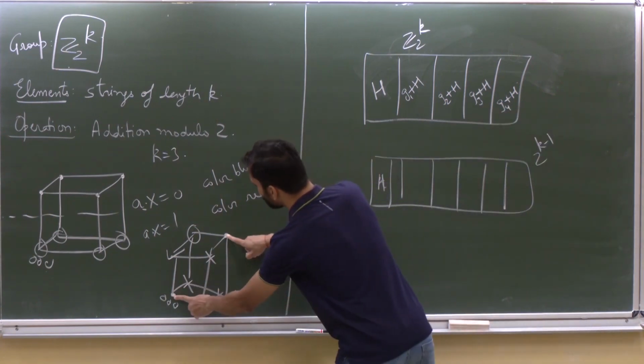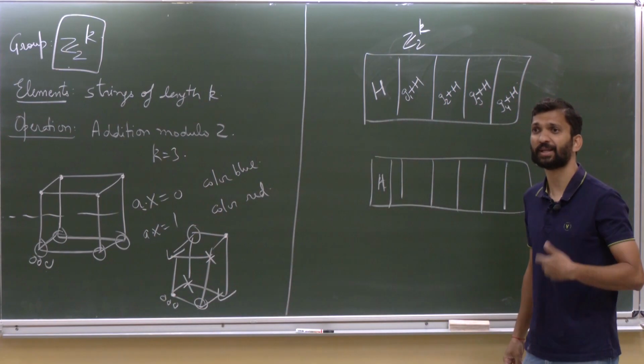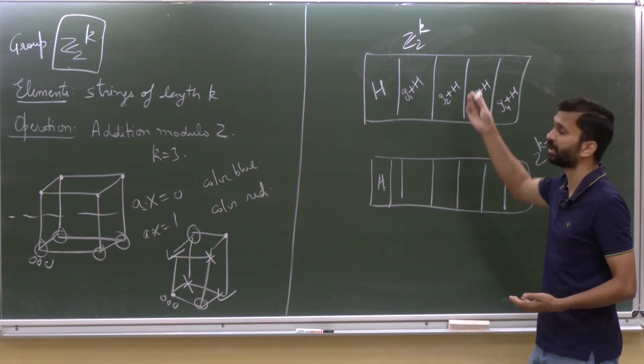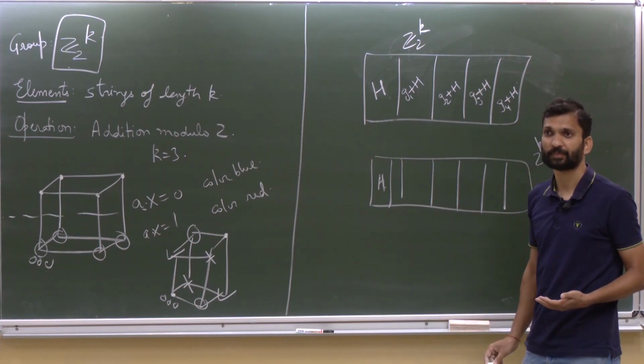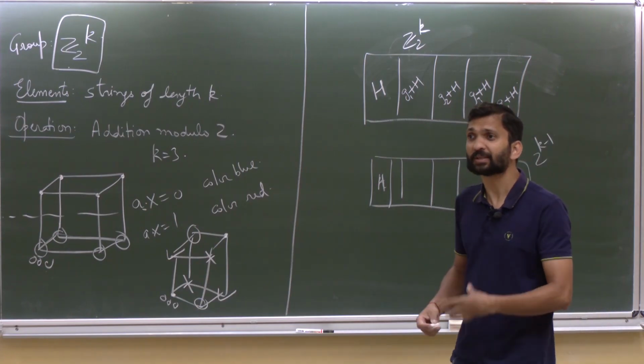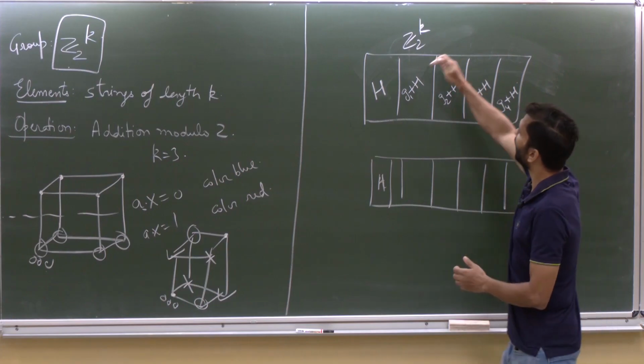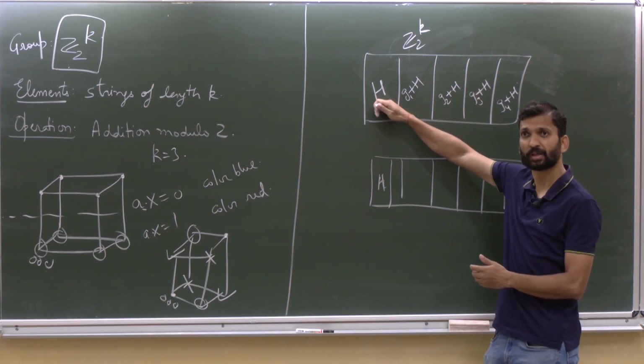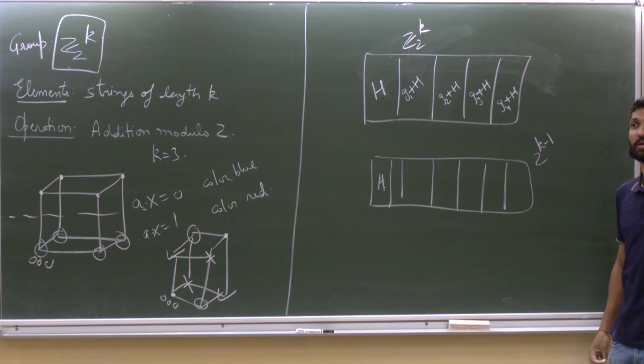So if I take these two elements, they are going to form a subgroup. And these are the smallest subgroups of Z2 to the power k. So both problems are solving this structure where you have some subgroup and all the cosets are colored the same.